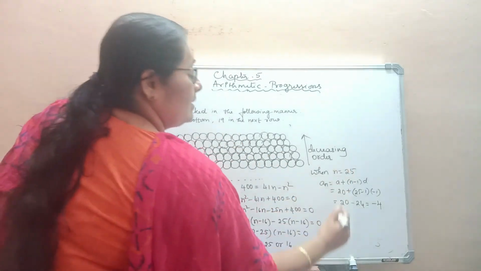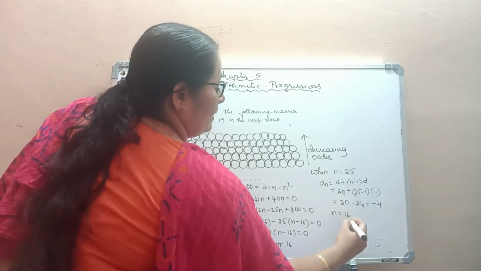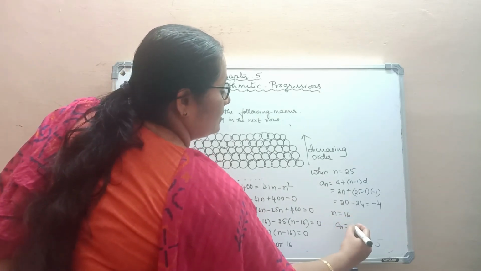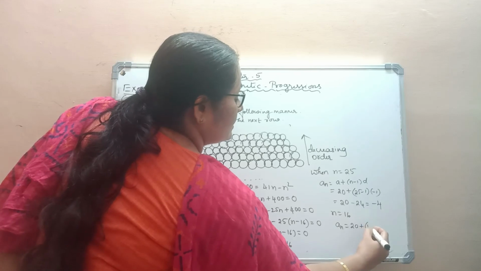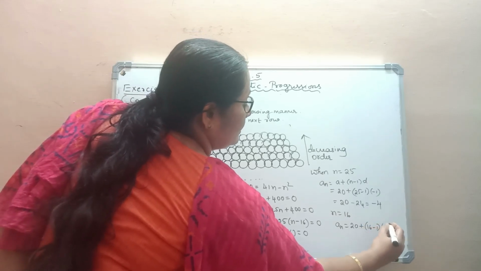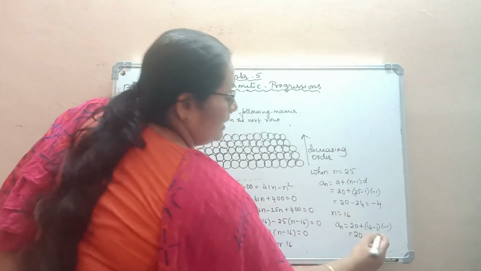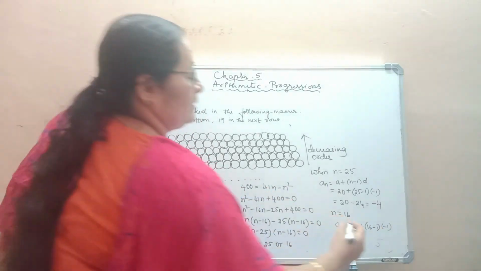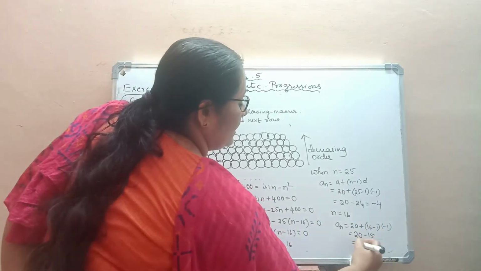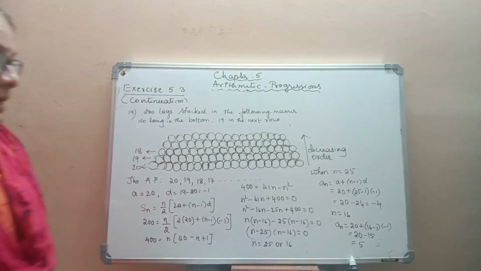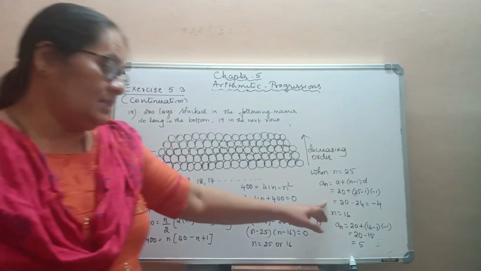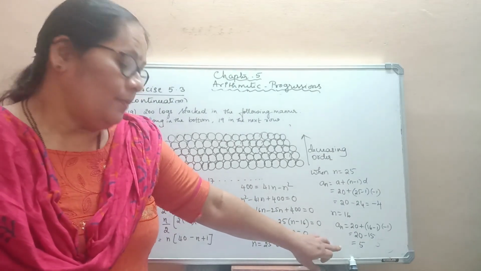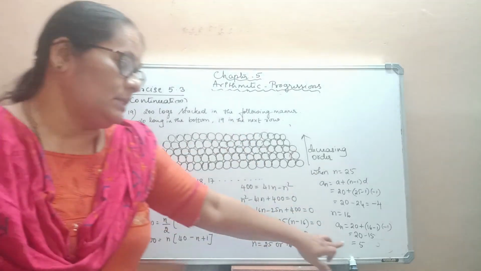Now let us take n as 16. When n is 16, an equals 20 plus 16 minus 1 into minus 1. 16 minus 1 is 15, so 20 minus 15, an equals 5. When the number of rows is 16, the number of logs in the top row is 5.